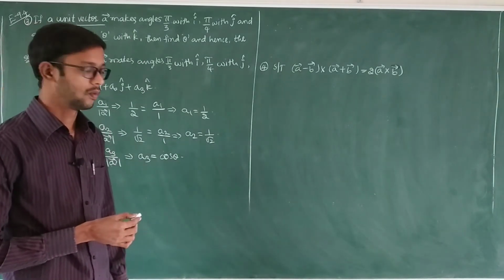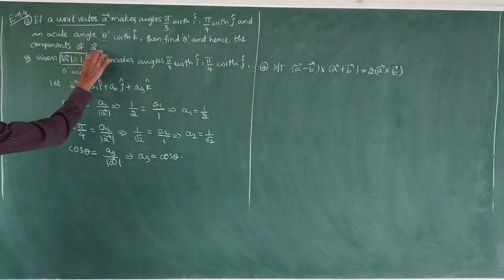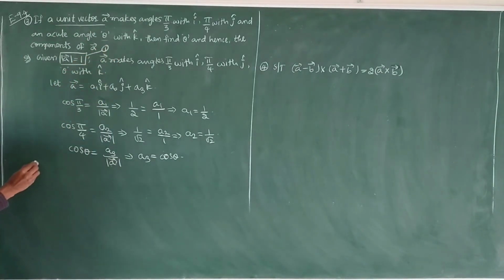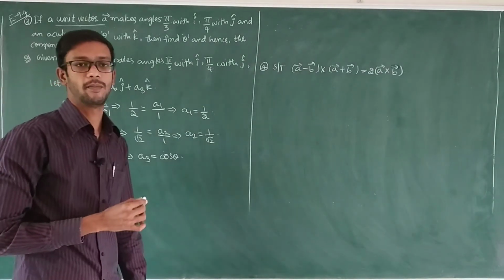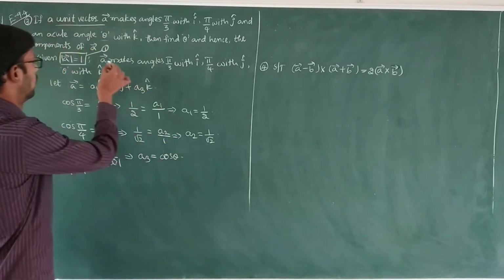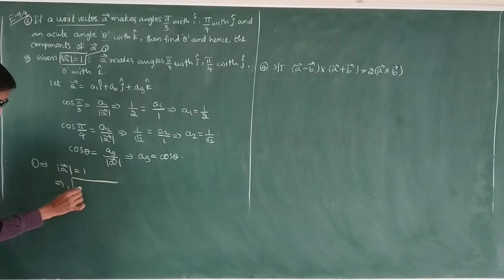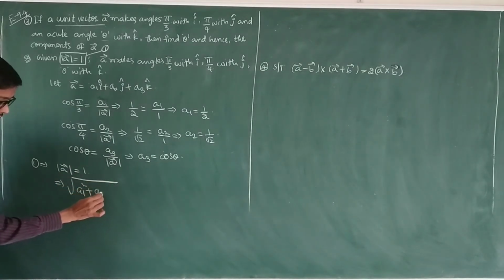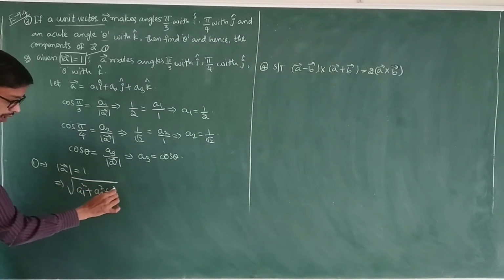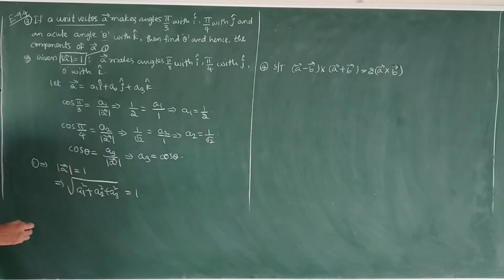So now, magnitude of A bar is 1. What is the magnitude of A bar? Square root of A1 square plus A2 square plus A3 square is equal to 1.